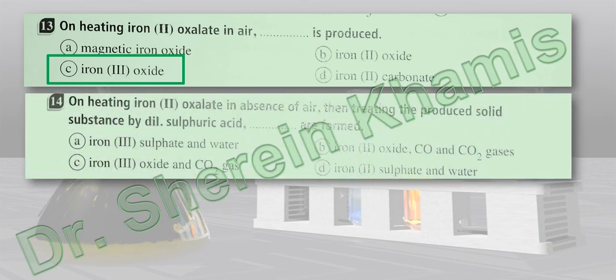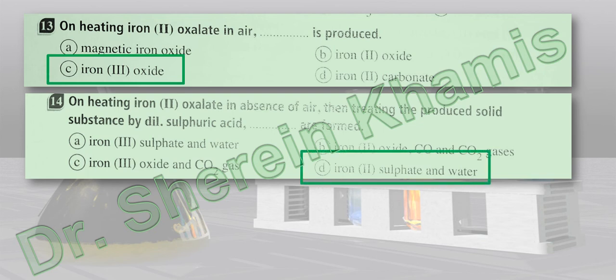Question number 14. On heating iron 2 oxalate in the absence of air, then treating the produced solid substance with diluted sulfuric acid, what will be formed? At first we have iron oxalate, then we treat the substance with sulfuric acid. Some questions are repeated for the second time.